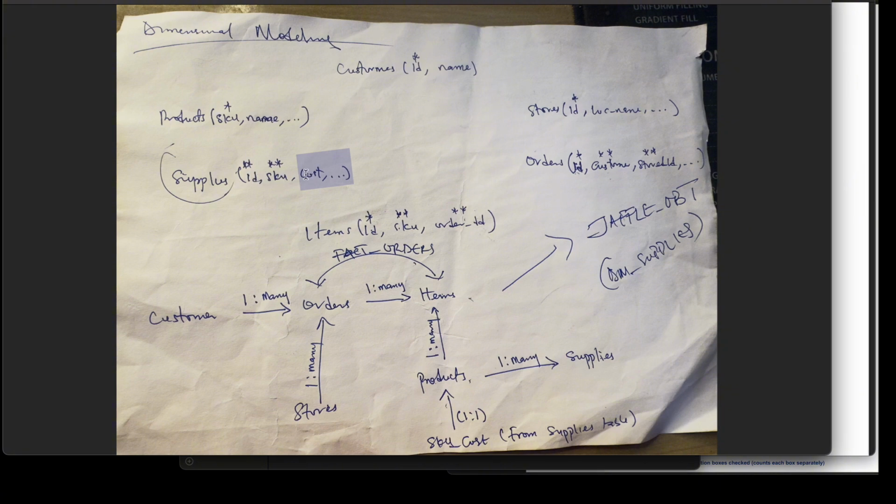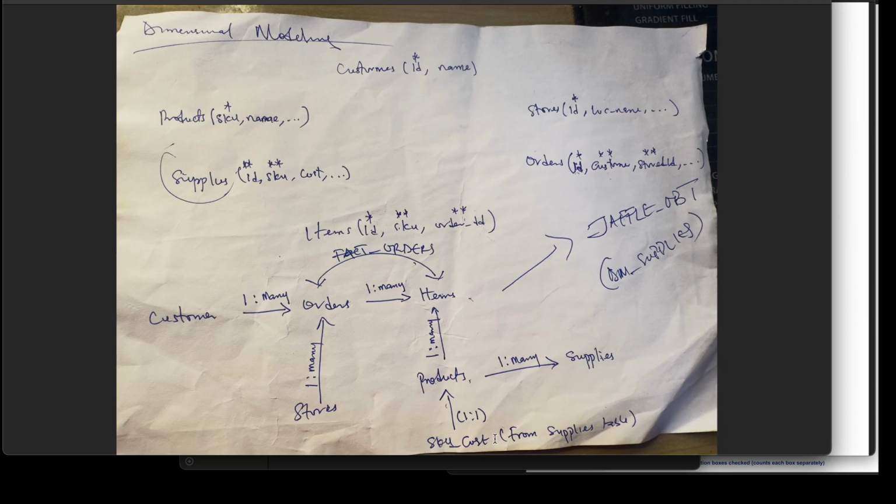So by the time we add all the supplies used for a particular product and aggregate it, we can know the cost of producing a particular product or jaffle in this case. So that table we call SKU cost, right? So that will give us the cost of producing each jaffle or each product.